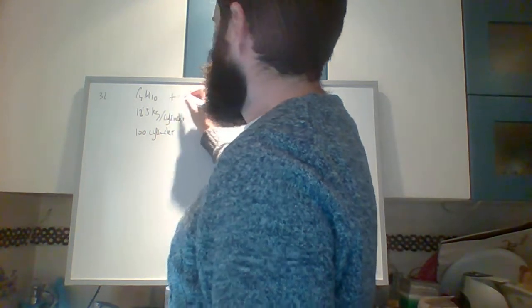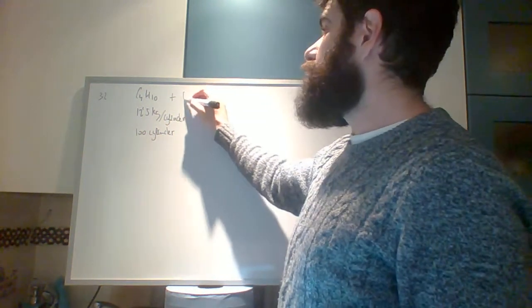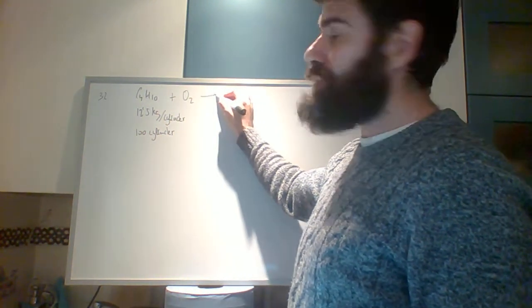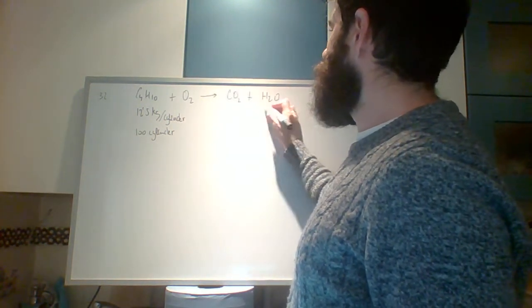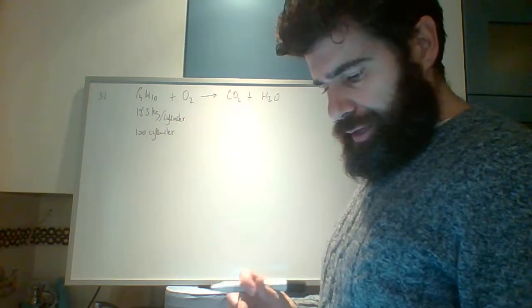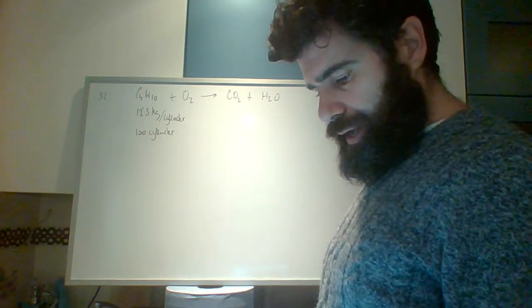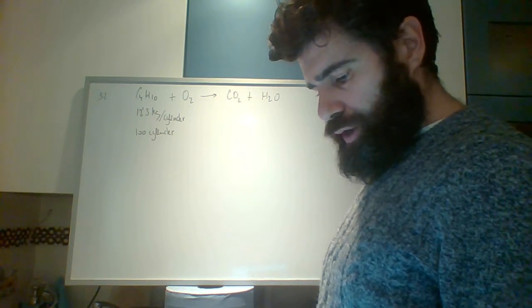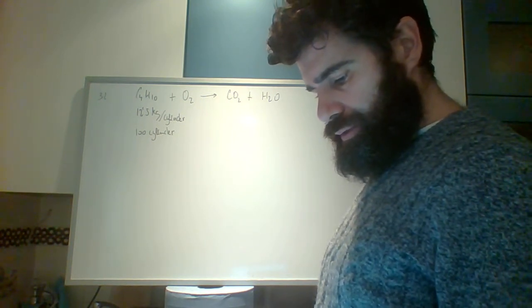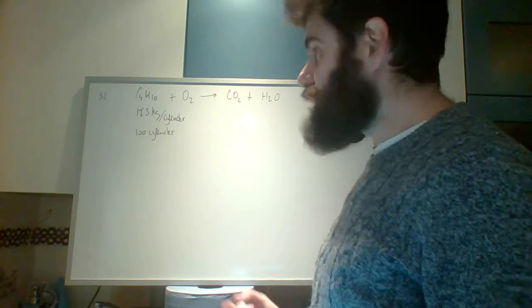And remember, when you burn, you need oxygen all the time. Oxygen is O2, a diatomic molecule, and it produces carbon dioxide and water vapor. They are asking for the amount of mass produced when you are working with 100 cylinders.